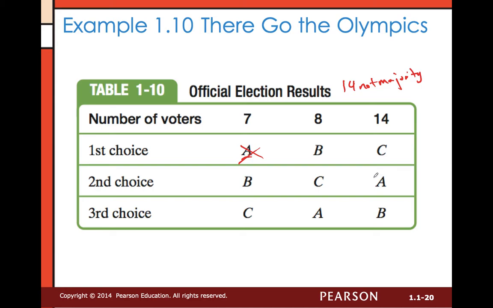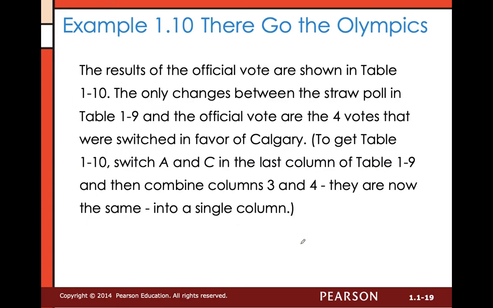That means Athens is gone from our preference schedule, which means Barcelona moves up to 7 plus 8, which is 15, and now Barcelona is our winner, all because of those 4 votes that changed.